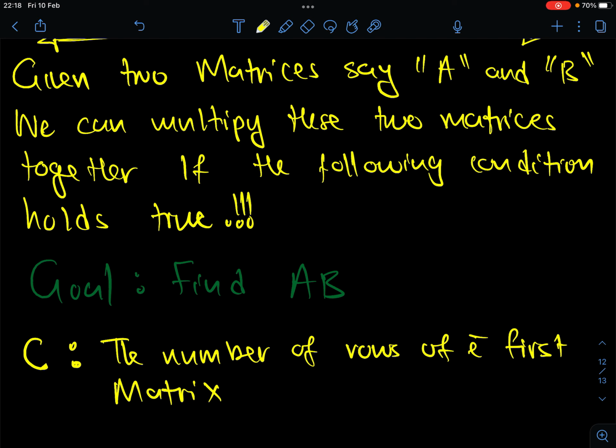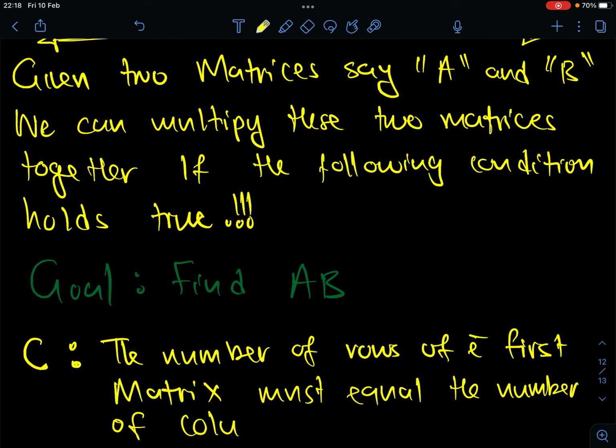And to check for validity, you make use of this condition. The number of rows of the first matrix must equal the number of columns of the second matrix. So this is how you check for the validity of the multiplication.